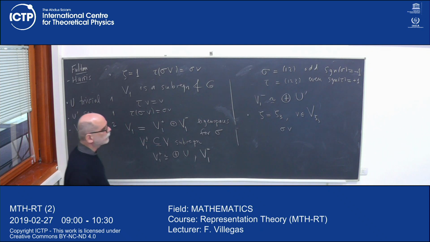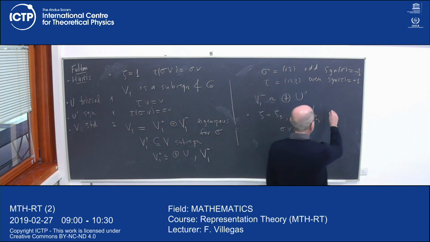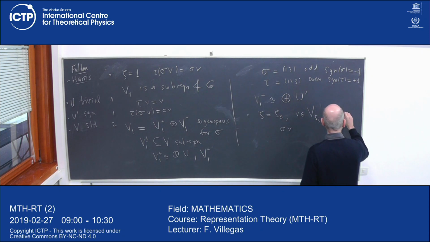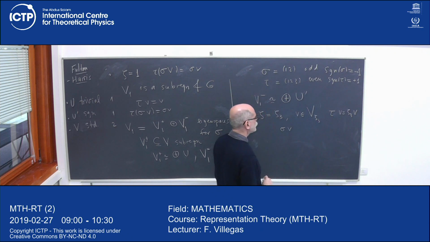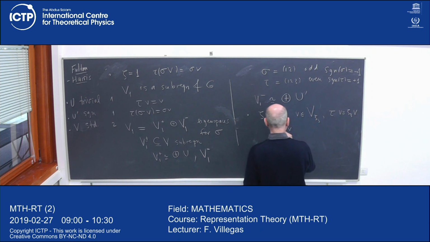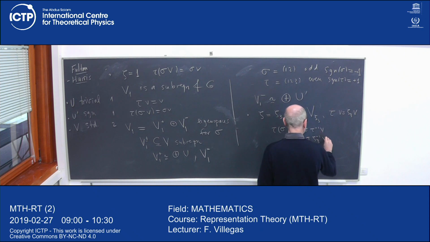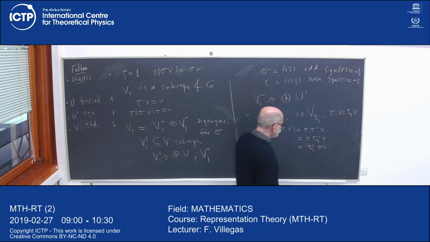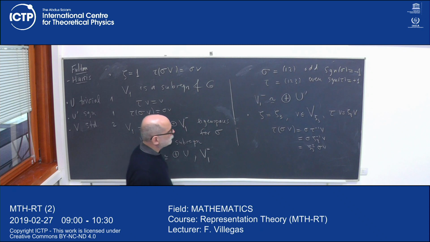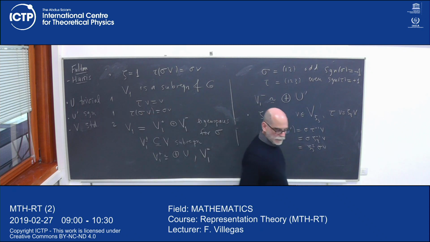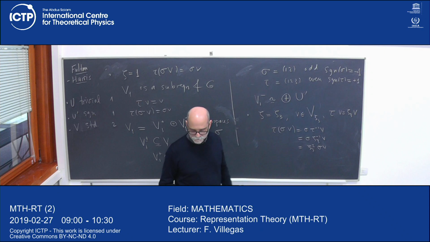The argument that we did was, what we have is tau of v is zeta 3 times v. By definition, this is the eigenspace, well, eigenvalue zeta 3. And if we repeat the argument, this is zeta 3 inverse of v, so this is zeta 3 squared times sigma of v. That means that sigma v is in the eigenspace, but now with the other eigenvalue.